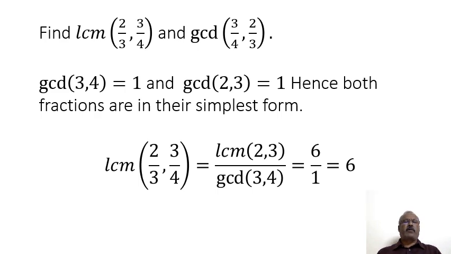Hence, LCM of 2 over 3 and 3 over 4 equals LCM of 2 and 3 over GCD of 3 and 4. LCM of 2 and 3 is 6 and GCD of 3 and 4 is 1. So this LCM equals 6 over 1, which equals 6.